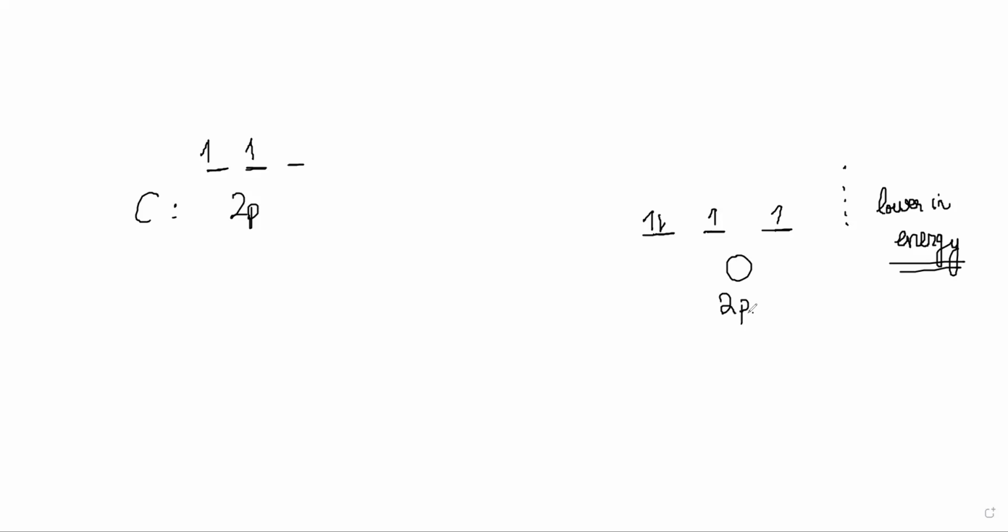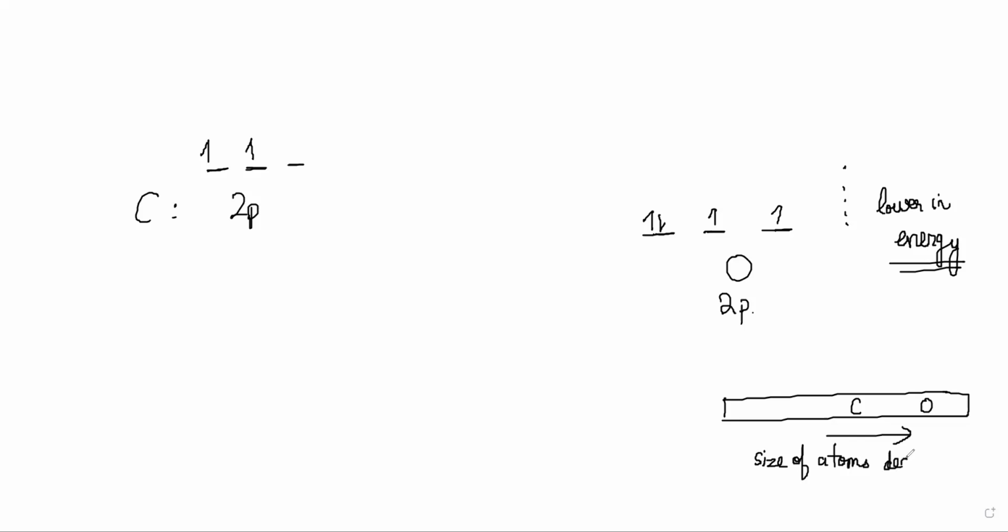Now, the way that decision is made is that if you go across the same row of the periodic table, carbon is somewhere here, oxygen is here. What is happening to the size of the atoms? The size of atoms is decreasing. So each orbital of oxygen is closer to the nucleus.